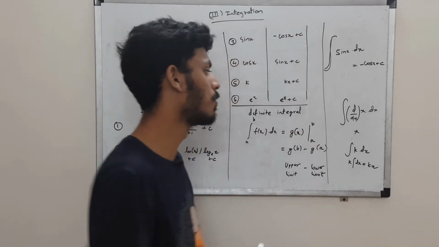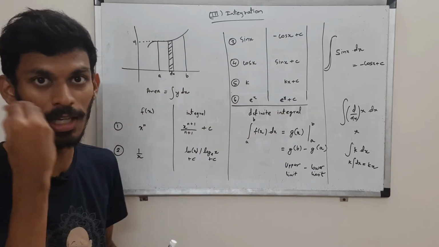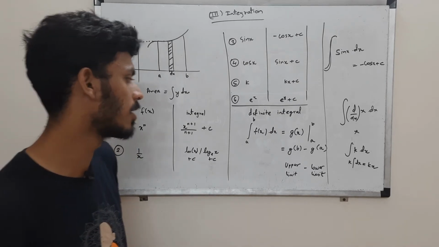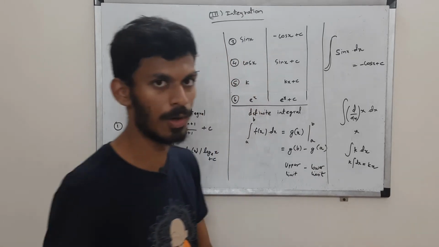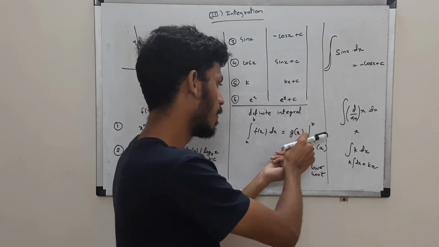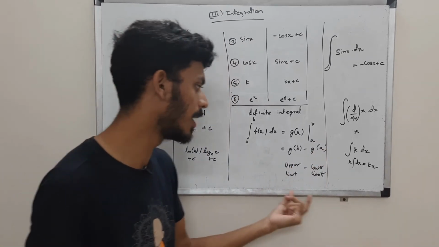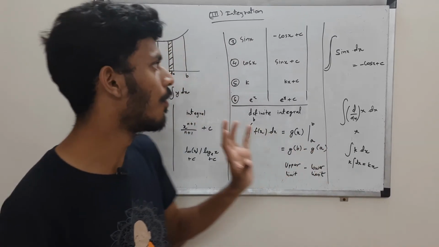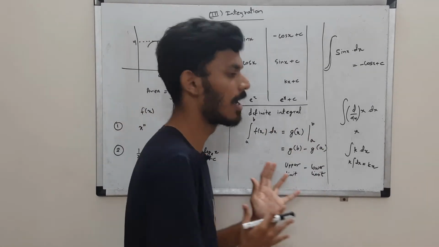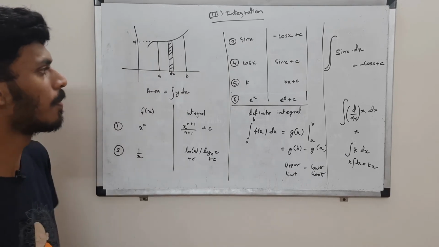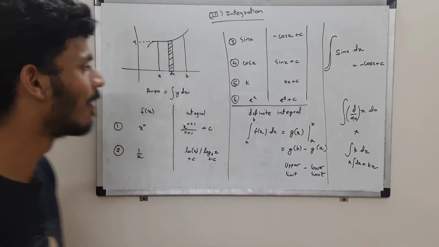Then, in order to find the definite integral, which will give you a perfect value, you just have to substitute the upper limit and subtract the lower limit. So in place of x, you put the upper limit, minus the value with the lower limit in place of x. Upper limit minus lower limit. That is for definite integration. You will come to know when we solve problems. I just hurried through it, but when we solve problems, you will get a clear picture of this. So let's do some problems now.